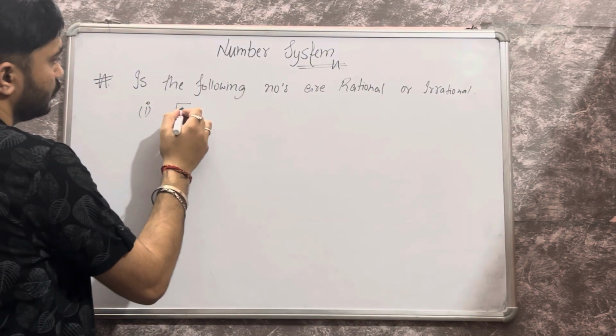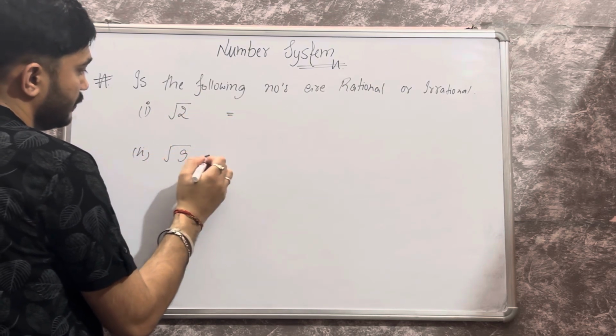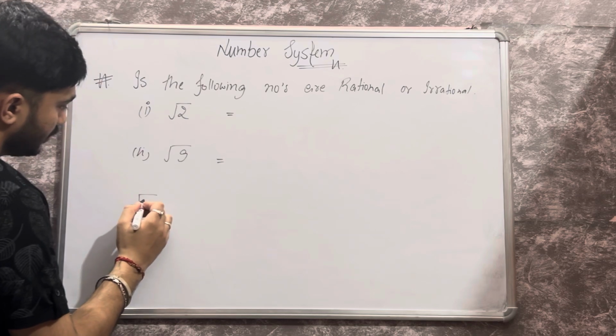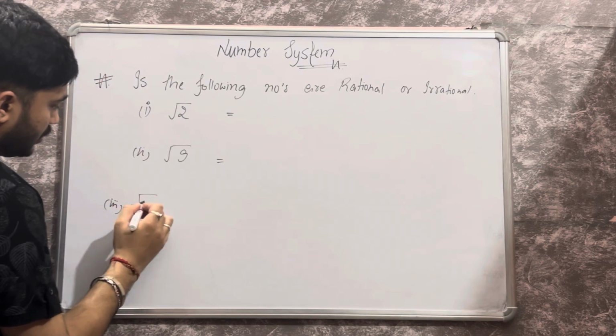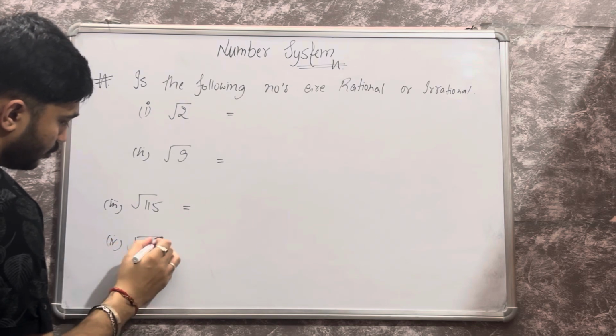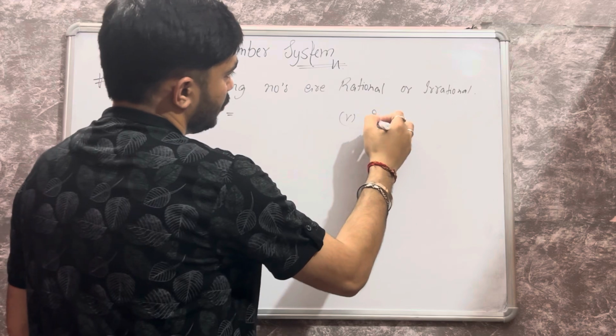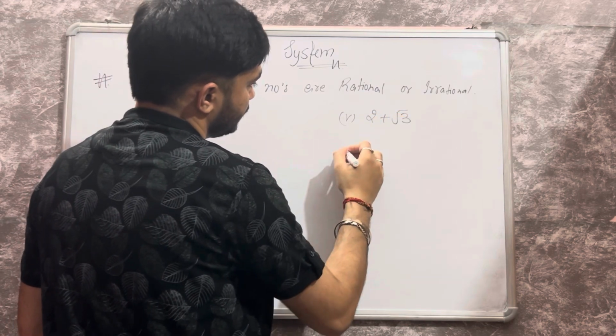Firstly, under root 2. Secondly, under root 9. Thirdly, under root 115. Then under root 169. Then 2 plus under root 3.